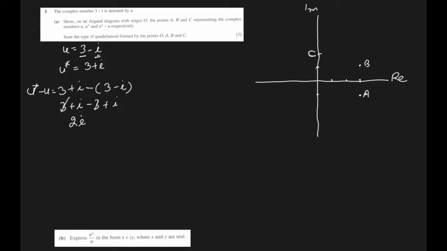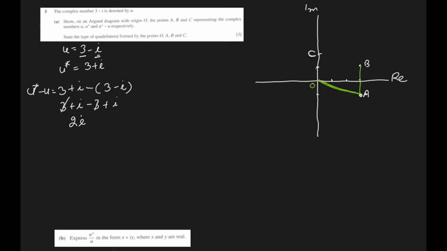No. State the type of quadrilateral formed by OABC. So let me connect OABC. This is O, the origin. So OA first. Okay. OA.